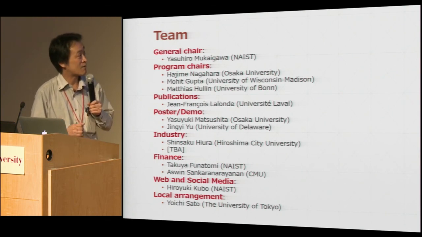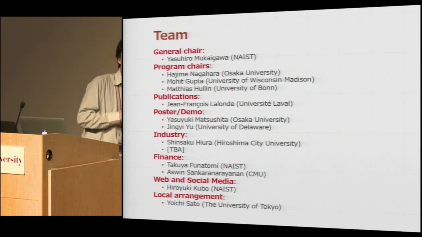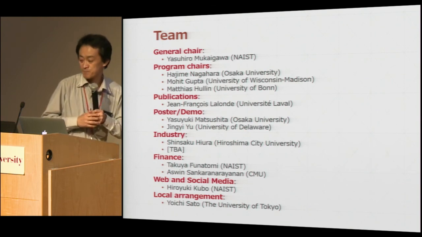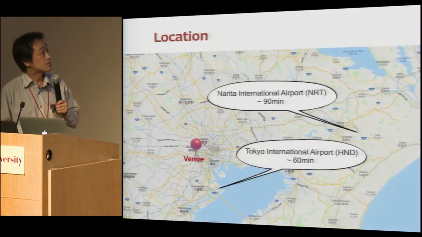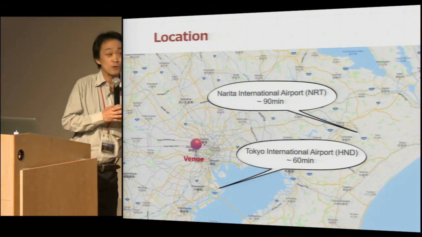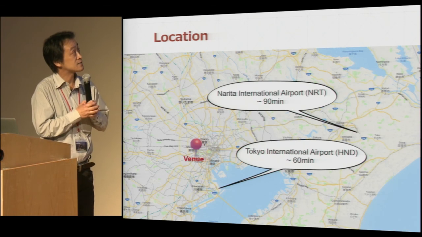This is our current team. We will do our best for the success of the next ICCP. In Tokyo, there are two major airports. One is Narita International Airport, and the other is Haneda, or Tokyo International Airport.